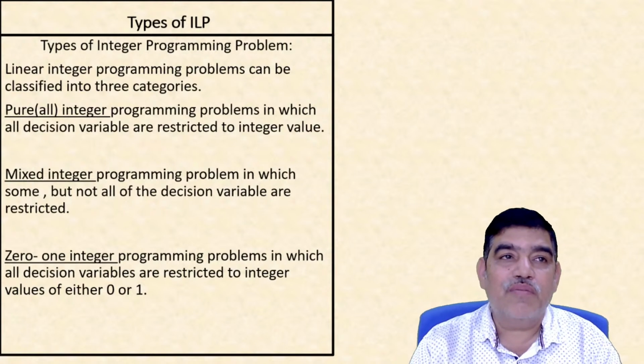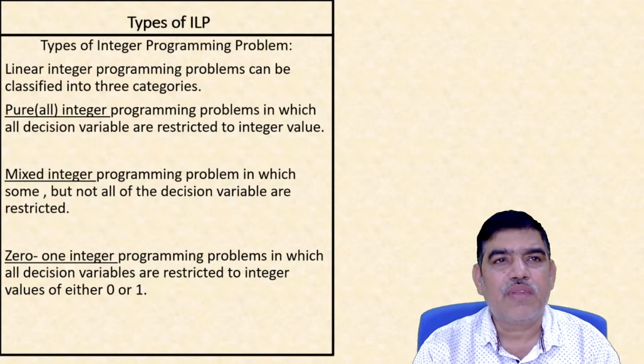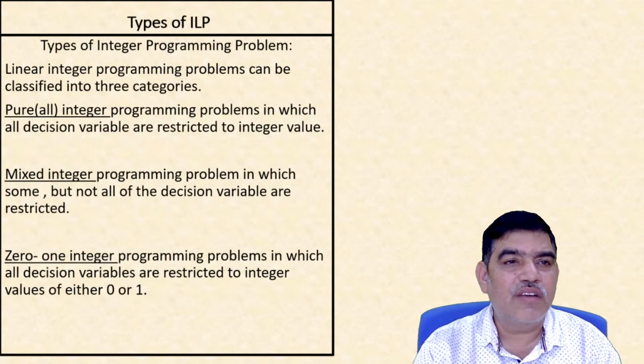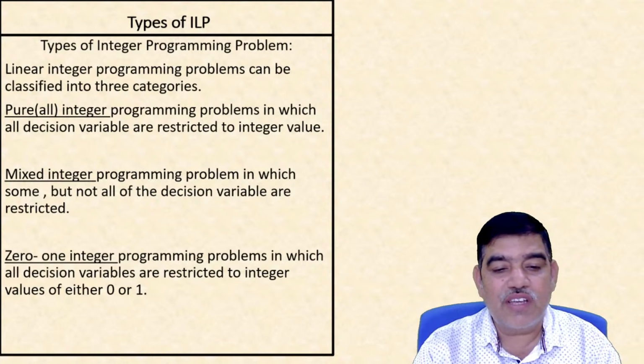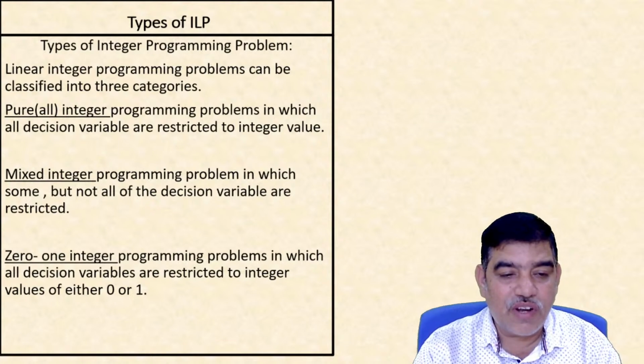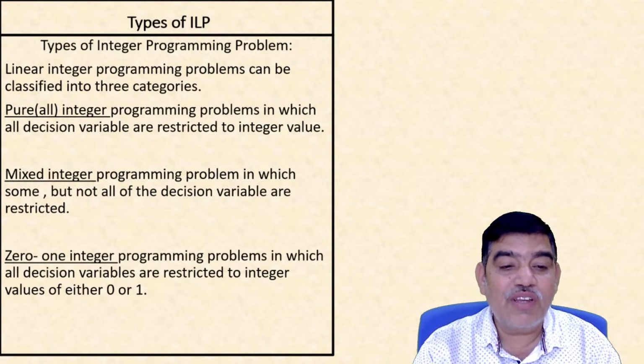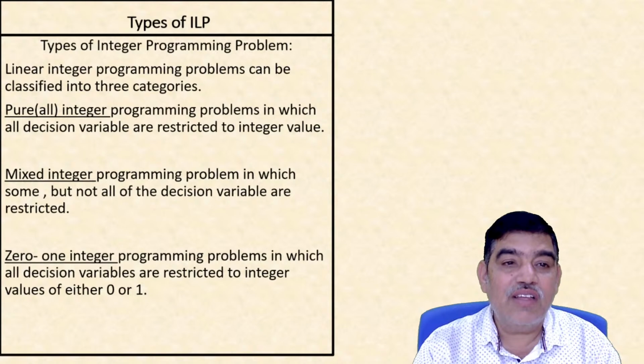That means if there are a number of decision variables, x1, x2, x3, x4, and so on, each is either 0 or 1. 0 means not executed, 1 means executed. 0 means not happen, 1 means happen. That is actually yes or no. That is why it is called a 0-1 integer programming problem.